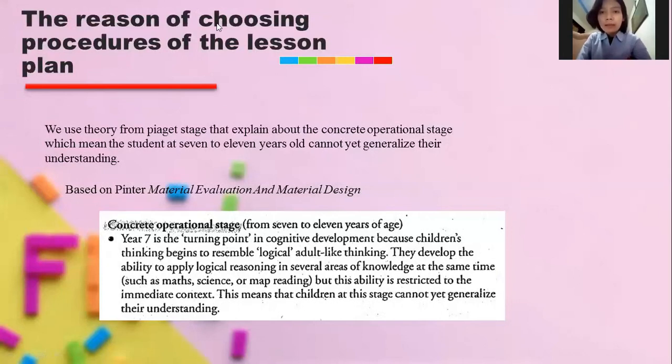In this theory, students at 7 years old have a turning point in cognitive development because children's thinking begins to resemble logical adult-like thinking. So they develop the ability to apply logical reasoning in several areas of knowledge at the same time, such as math, science, and map reading. But this ability is restricted to the immediate context.